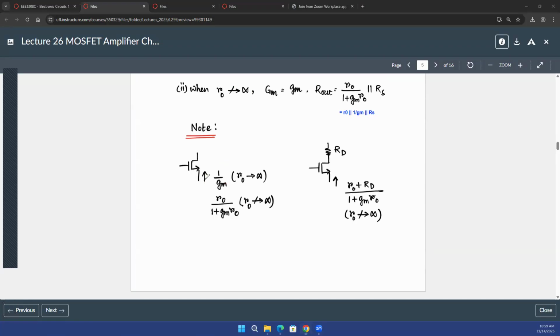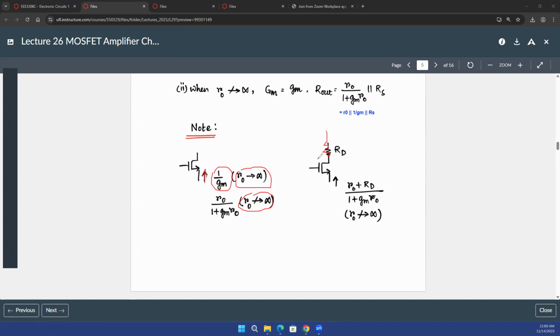So if you're looking into the source of a transistor, and if the transistor's ro is infinitely large, then you are seeing 1 upon gm. If ro is not infinitely large, then you are going to see ro divided by 1 plus gm R, even if there is an RD resistance connected, which is the case here.